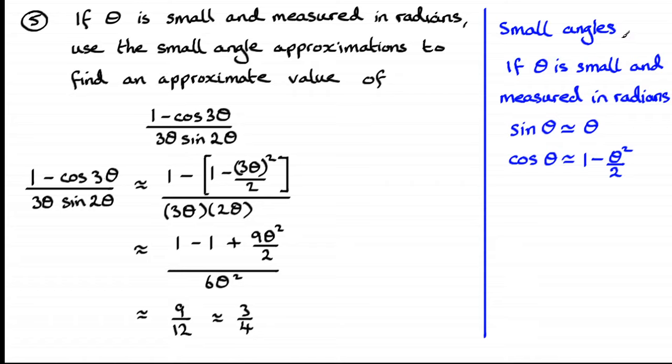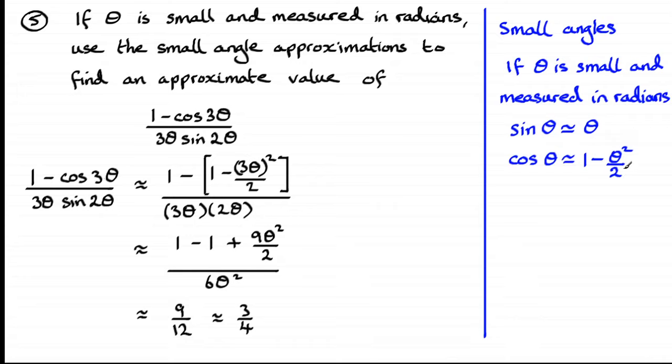When you're dealing with small angles, that angle has to be in radians. So if theta is small and measured in radians, it turns out that sin θ is approximately the same as the angle θ. Cos θ is approximately 1 - θ²/2.